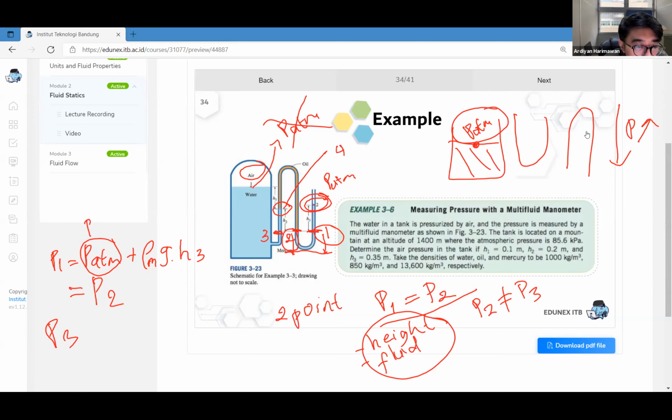How to calculate point 4? P4 will be P2. So point 4 is higher than point 2. From point 2 to point 4, the liquid is only oil, right? So it can be written this one.